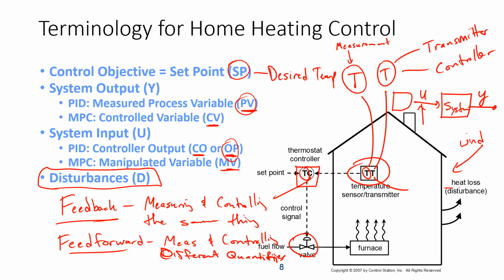You have what are called disturbances, things that you can possibly measure, but you can't necessarily control. The controller is going to adjust itself to maintain the temperature inside the home, even given these disturbances.